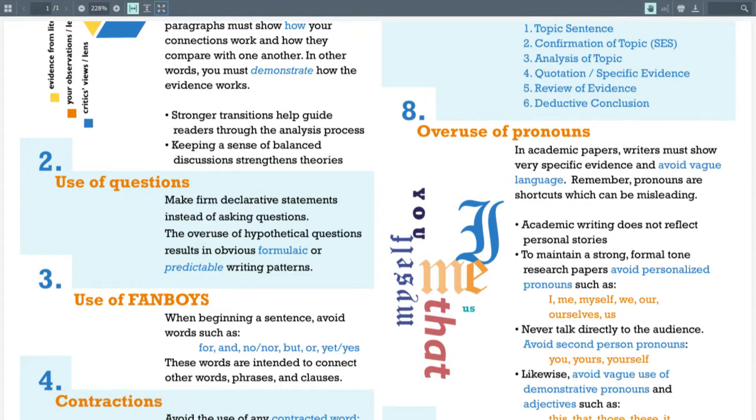Although you are following a formula, you don't want the instructor to feel like, oh gosh, here's another formula that I have to read. You want to have it inviting. You want to have it interesting. Okay. In that regard, that's where the creative aspects can be seen in academic writing. So avoid the use of questions.